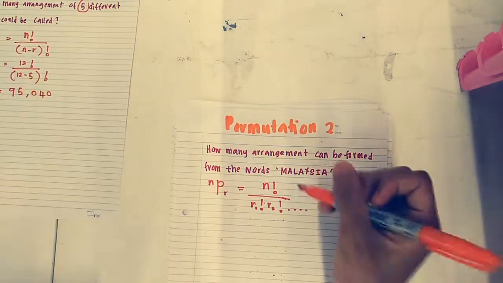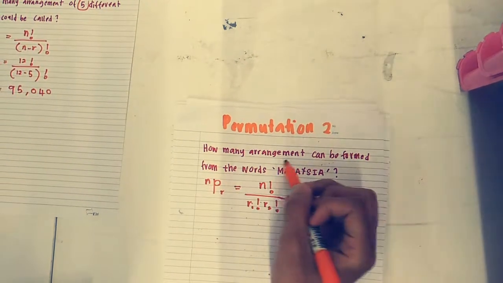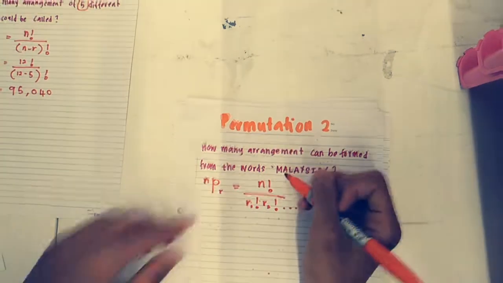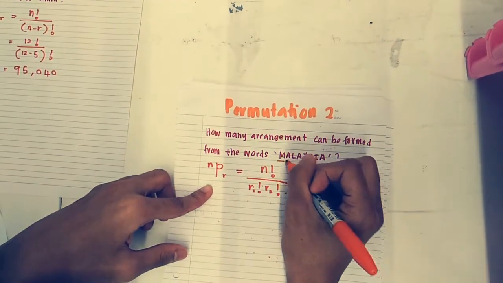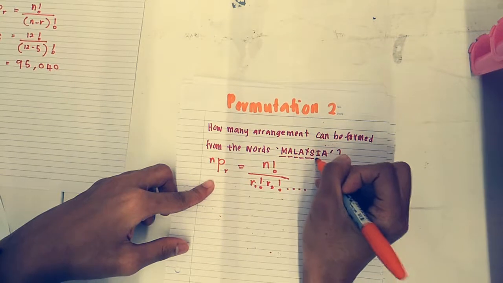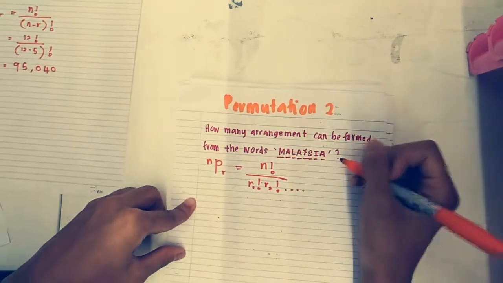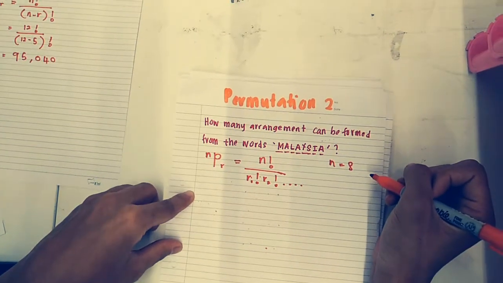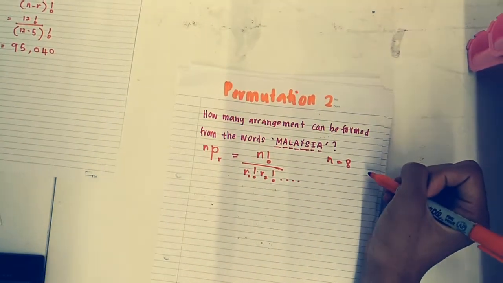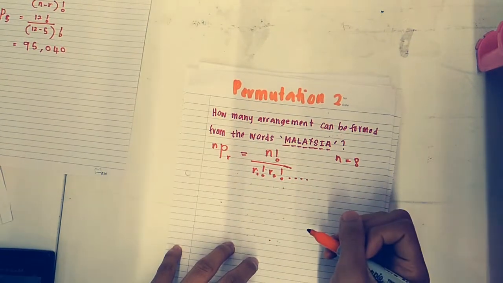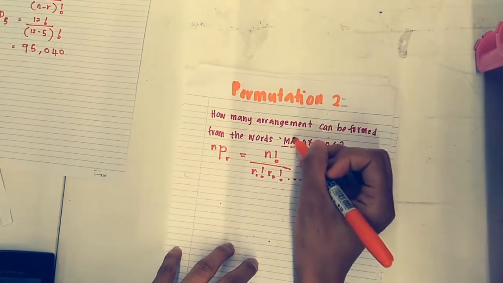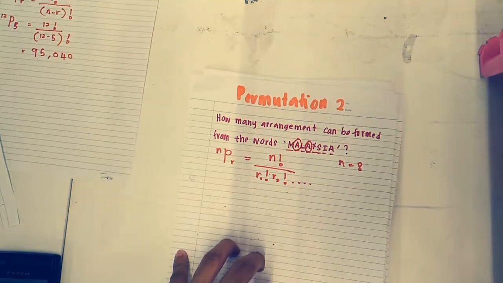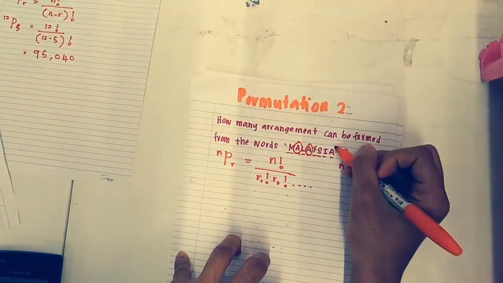Like this question, how many arrangements can be formed from the word Malaysia? How many letters: 1, 2, 3, 4, 5, 6, 7, 8. So n is 8, and there are three identical objects, the A's: 1, 2, and 3.